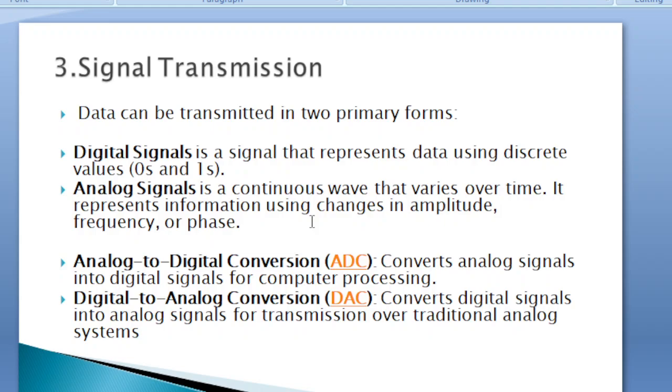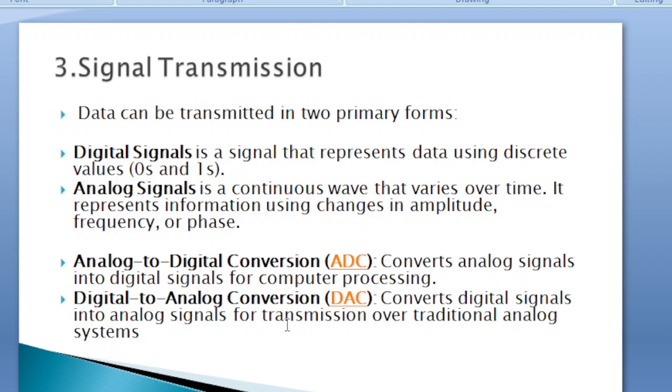A digital signal represents data using discrete values, that is zeros and ones. Nowadays we are mostly using digital signals. An analog signal is the traditional way of representing data transmission. It is a continuous wave that varies over time. It represents information using changes in amplitude, frequency, or phase.